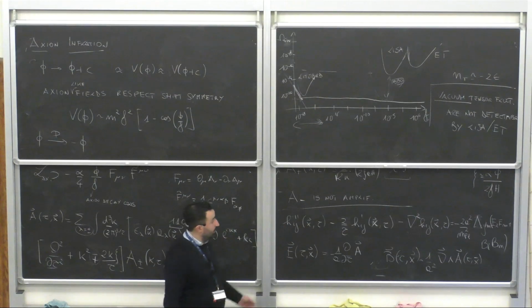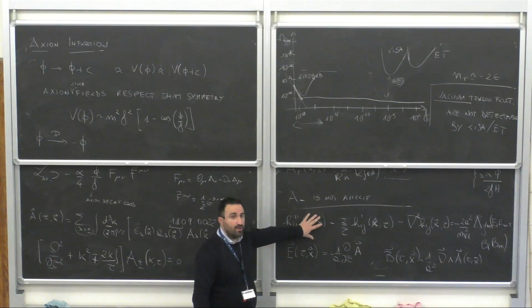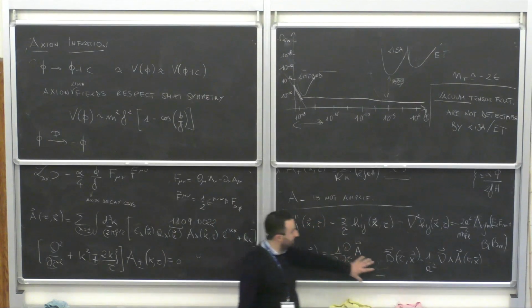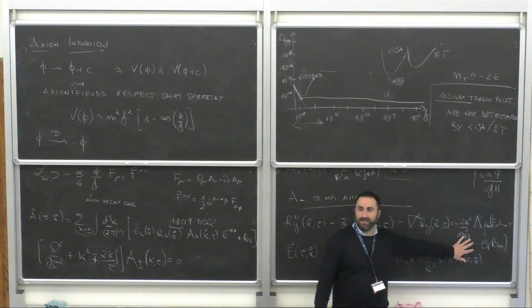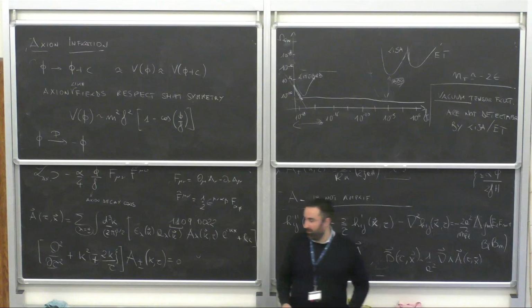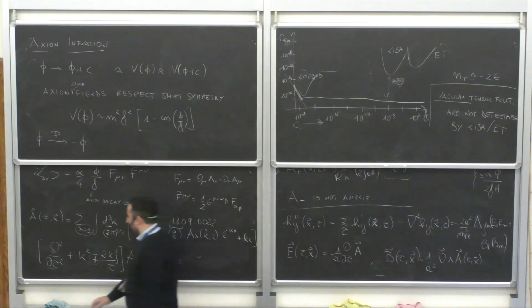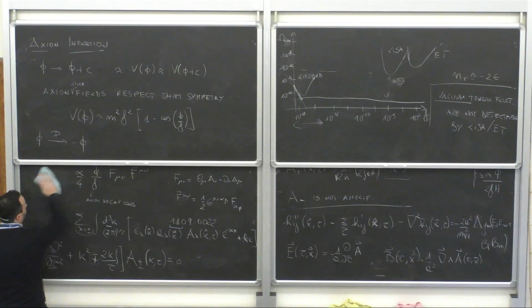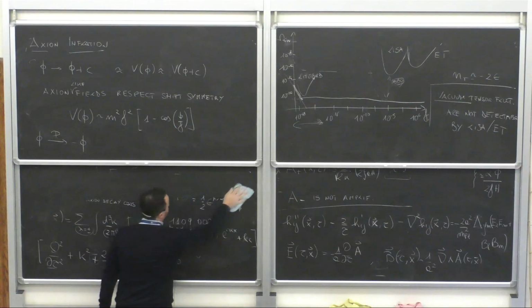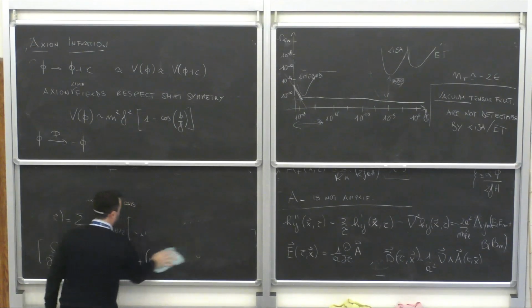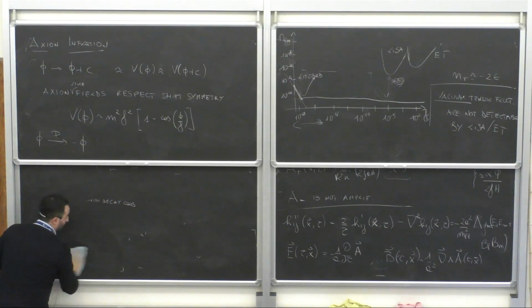Nice. So you have your vacuum tensor fluctuations that are sourced by the axion, right? Very nice. So this means that now you solve your equation of motion for H. You know how to solve it.